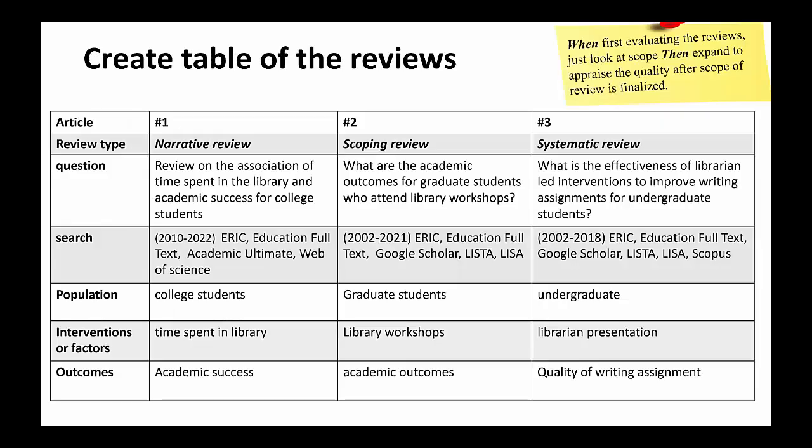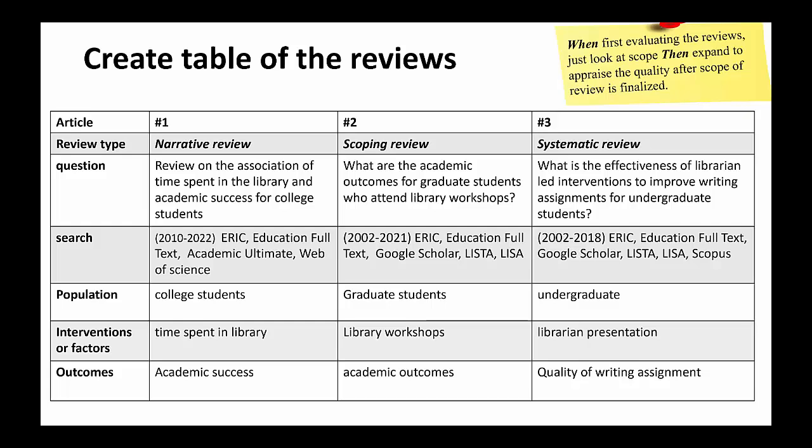What I like to do from that, I will suggest to the team, to the author, the main thing we're trying to get out of this exercise is to know, okay, what kind of review is it? And what was their scope?